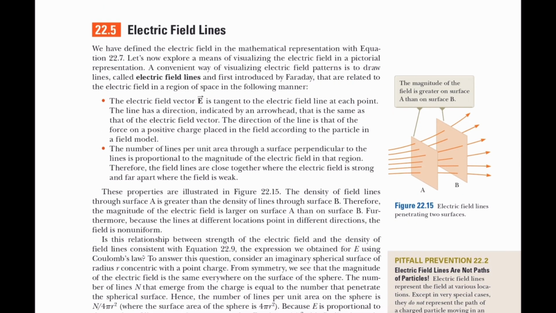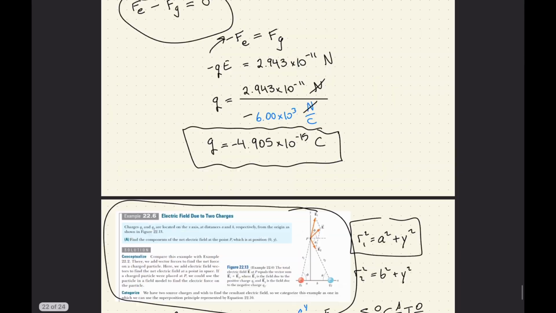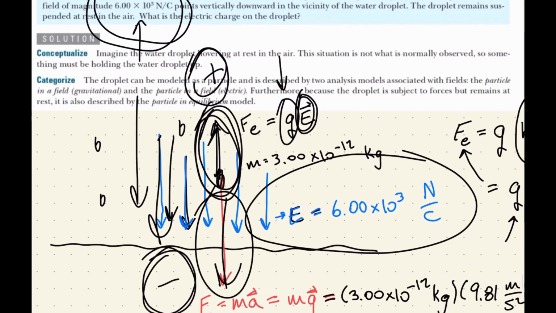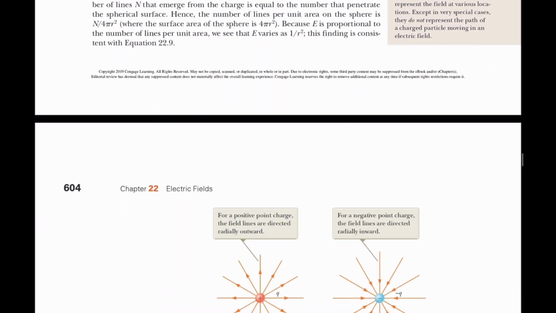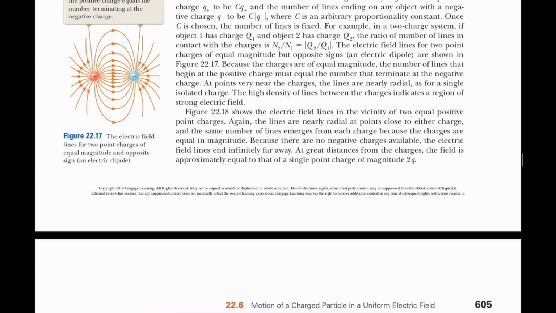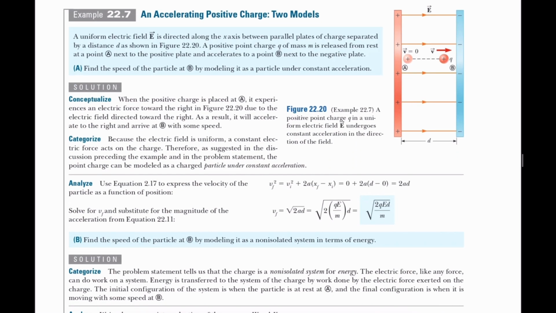And also we didn't get to the electric field line section, which could have helped you out with the charge mistake I made for this problem. So anyway, if you go through this book, try some of the problems at the end of the book as well. I also haven't gone through any of the motion of a charged particle, so maybe I'll do a video on these, but it'll most likely be a different day.